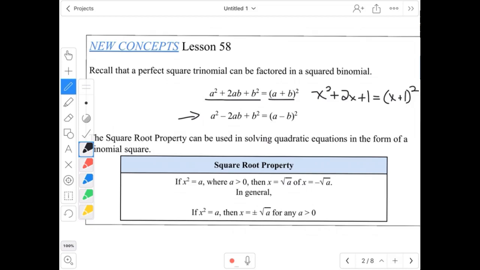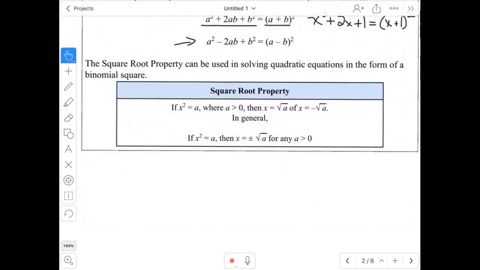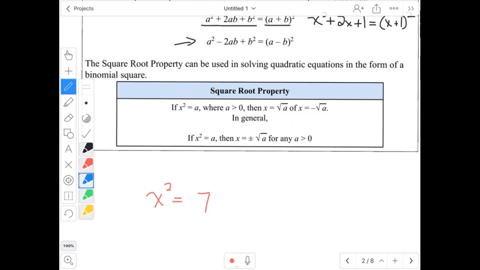Now our square root property, I know it's written out pretty confusing. However, essentially what this is saying is that if we have, let's say, x squared is equal to 7. Now, if I take the square root of both sides, really I get two answers. I get a positive and a negative version of this answer.